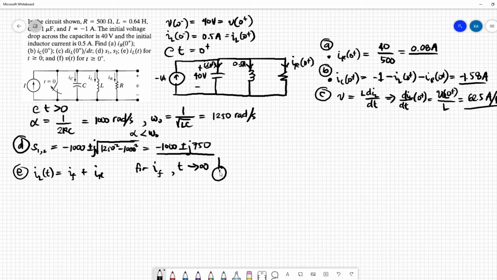We have the current source in the circuit, so the capacitor is an open circuit and the inductor is a short circuit. We have the resistor. We have IL forced. Looking at the circuit, IL forced is equivalent to negative 1 ampere.